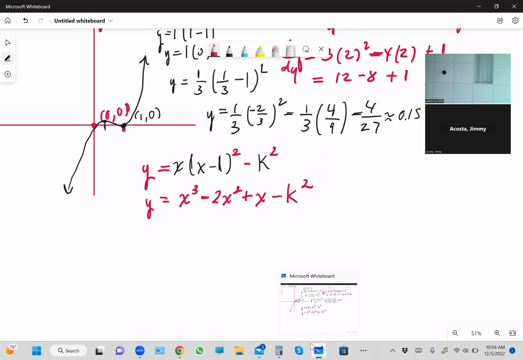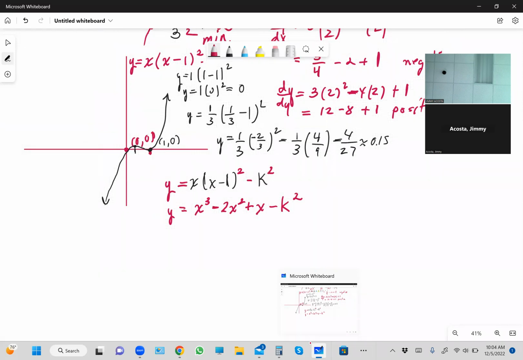Now, here's the issue. If we look at the curve right there, if you want to have one real solution, what do you have to do? Push it up. You have to keep on pushing up. But how much?